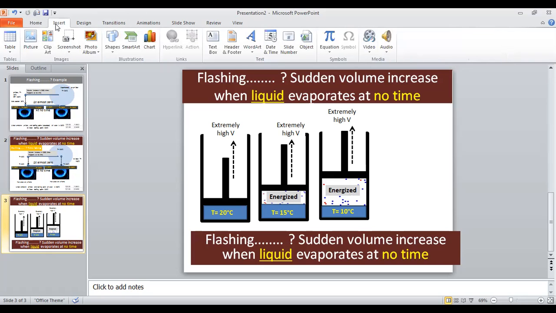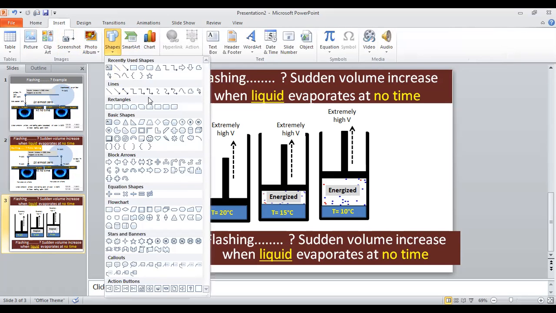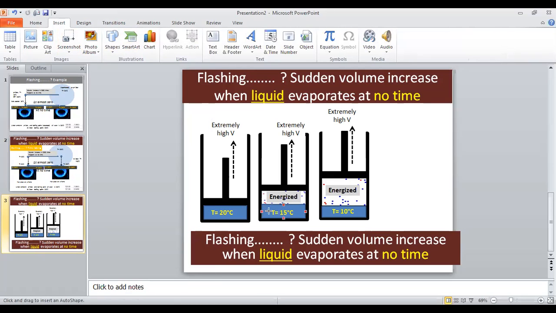The energy is received from the liquid itself. So this is releasing energy.